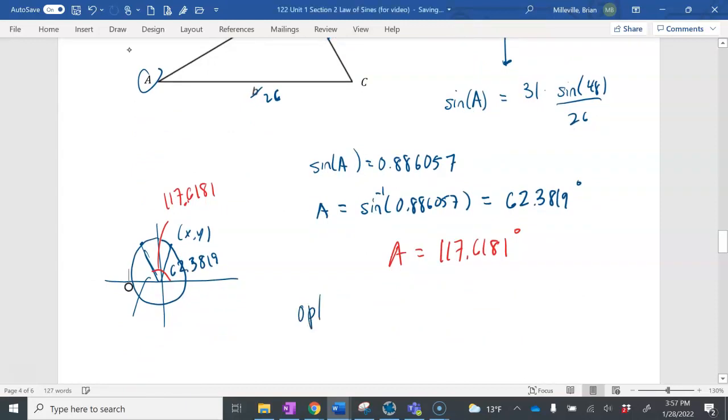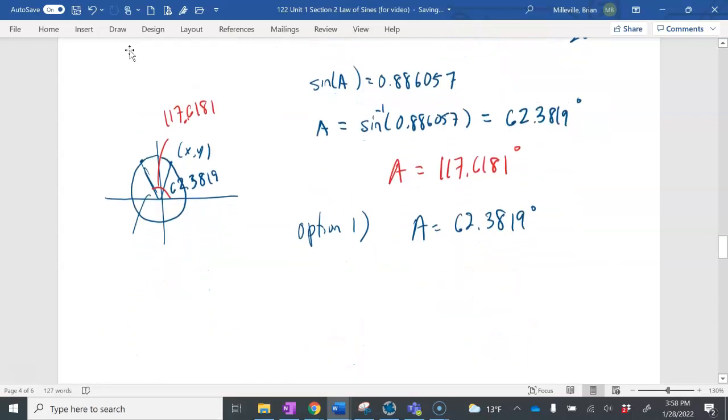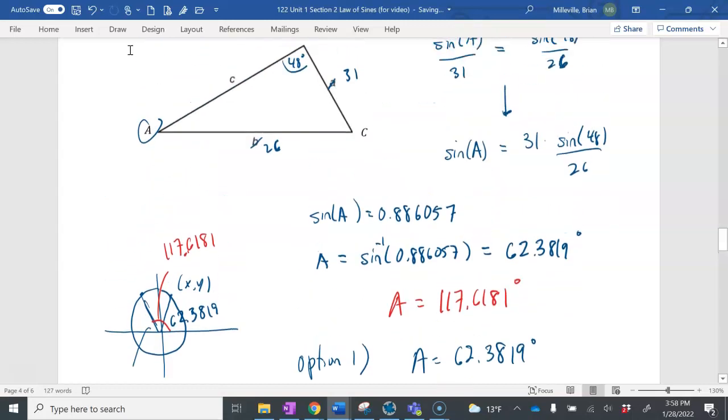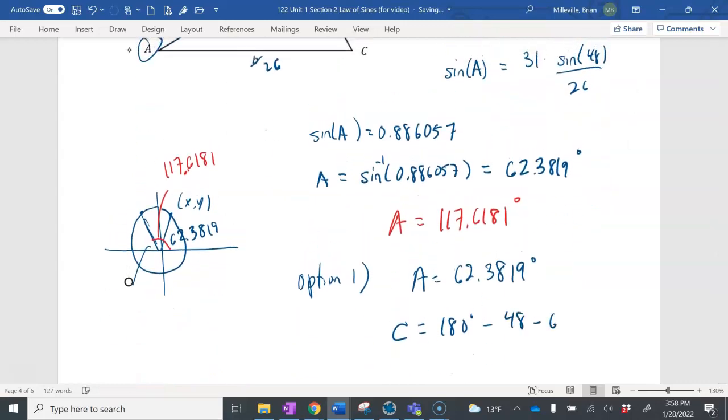All right, so let's just call this option 1. We've got A is 62.3819 degrees. Now if we add on 48 and then subtract from 180, we'll find the missing angle C. So the angle C is going to be equal to 180 minus 48, remember that was the angle we were given in the problem, minus 62.3819.